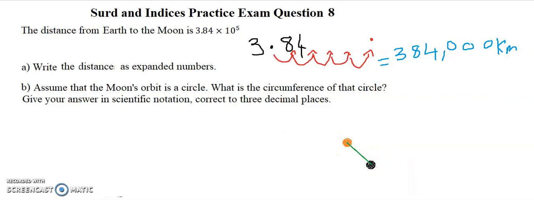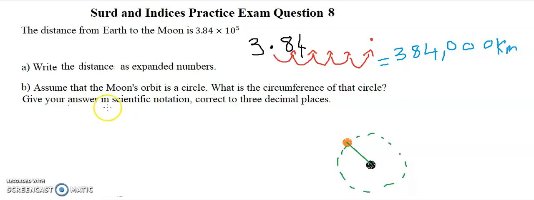As it goes around, it is going to form a circle. So as it keeps traveling around, it will eventually form a circle. And that's what the second question is stating. What is the circumference of that circle?